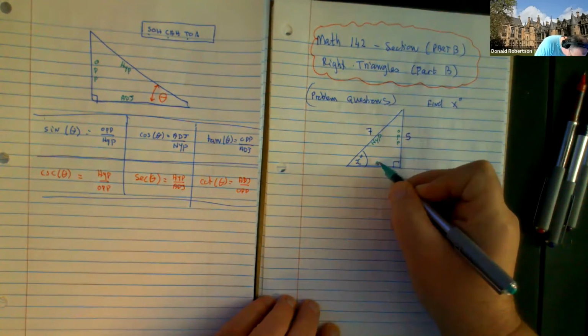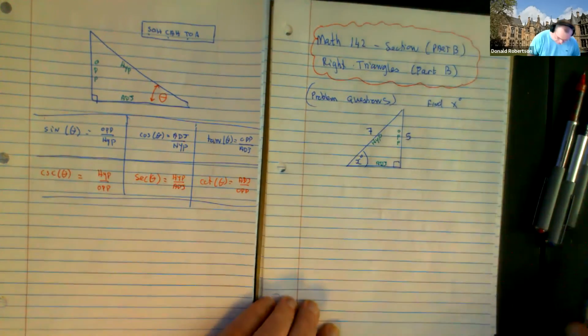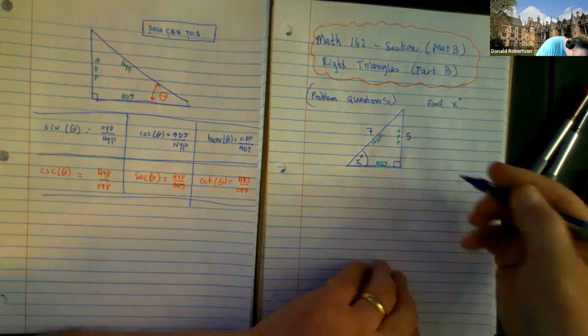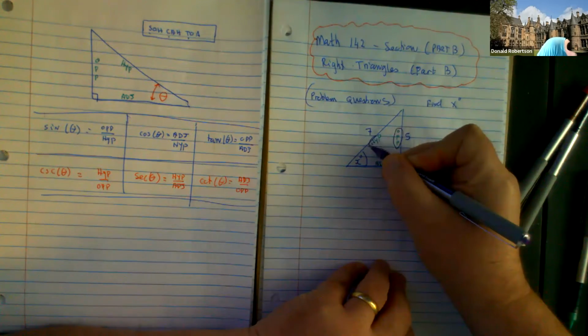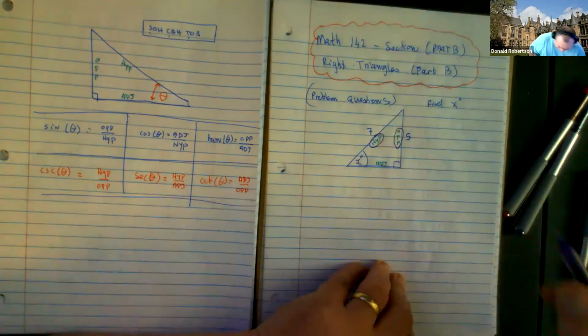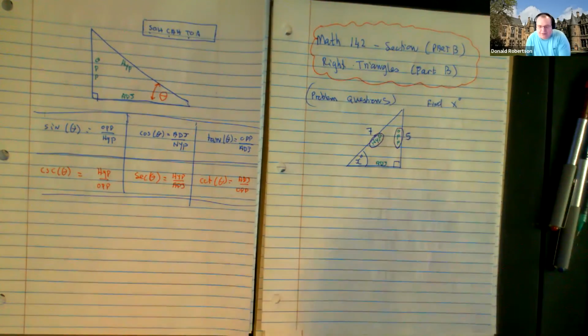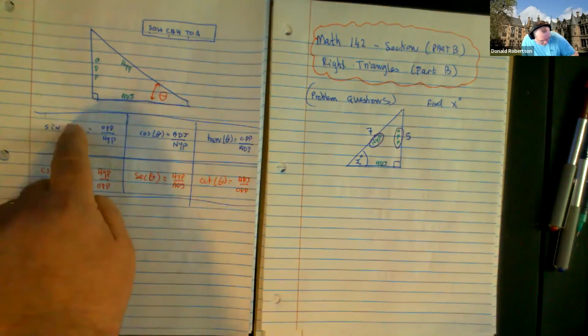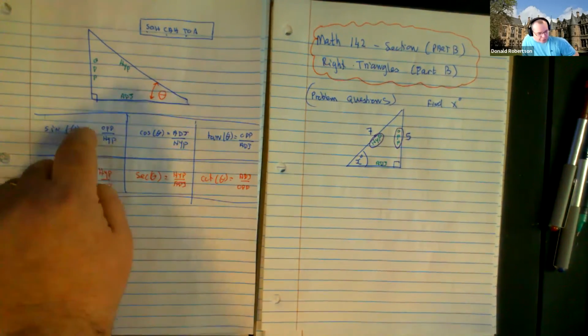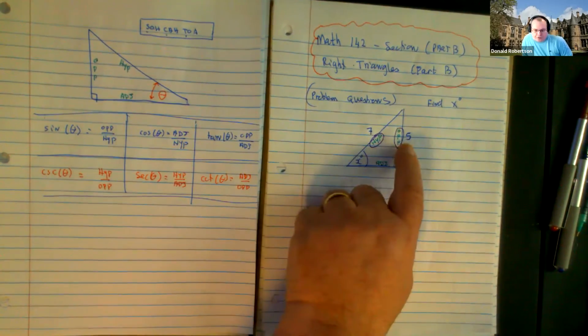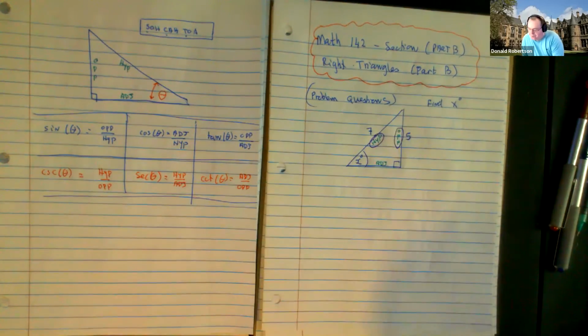Technically, that side there is adjacent, but I'm not interested in him. You put bubbles around sides that you know the length of, or sides that you're trying to find. So in this case, I know two sides, so I'm going to put a little bubble around each of those. Which one of these top three, we don't care about the bottom, uses the opposite and hypotenuse?